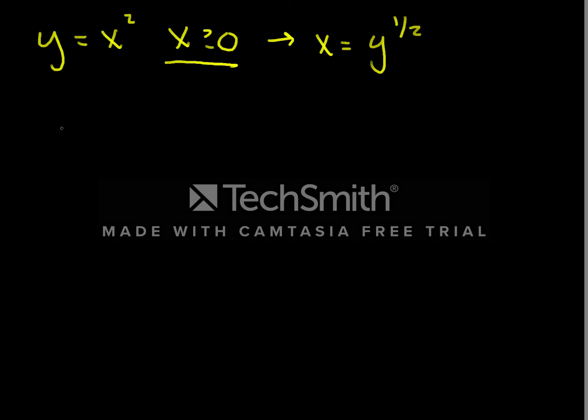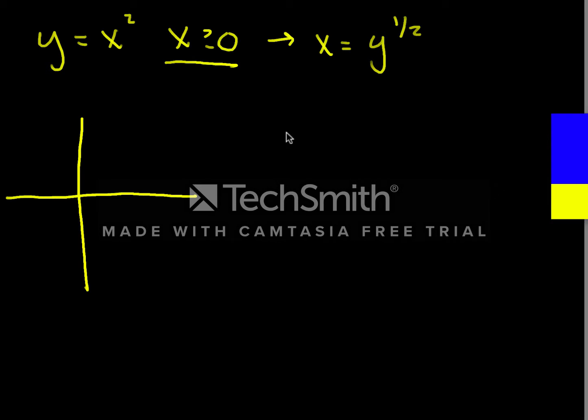And what do these graphs look like? Well, y equals x squared would just be on the right-hand side, the parabola y equals x squared.